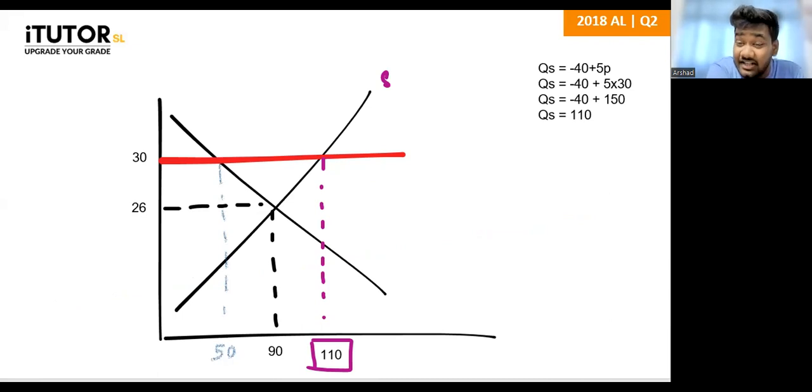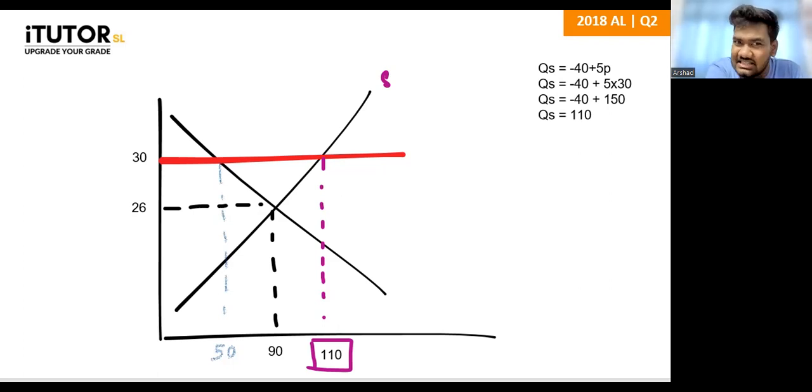Farmer, I will give you 30 rupees per kilo. Now farmer is happy. Farmer says, okay, thank you, government. So at 30 rupees, farmer is now supplying 110 kilos because he's happy. Earlier he got 26 rupees and was only supplying 90 kilos. But now at 30 rupees, he is happy and supplying 110.